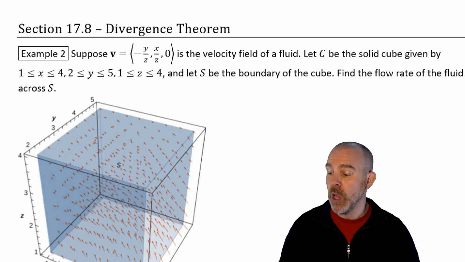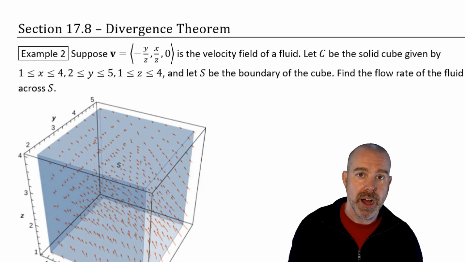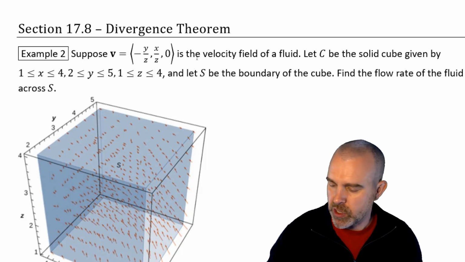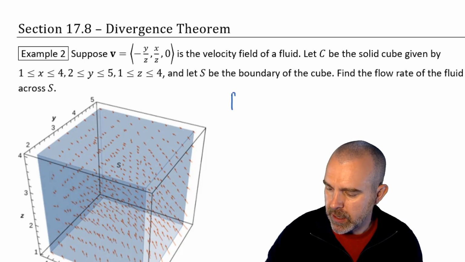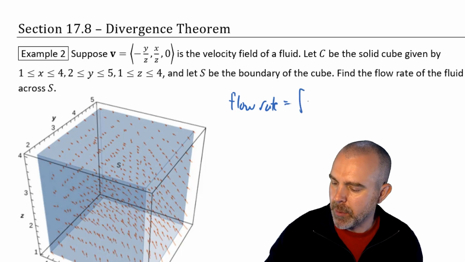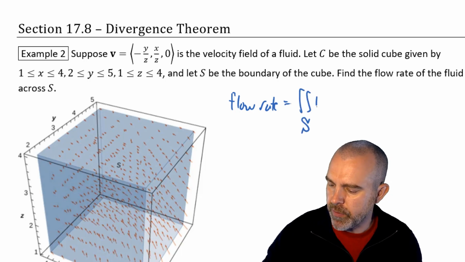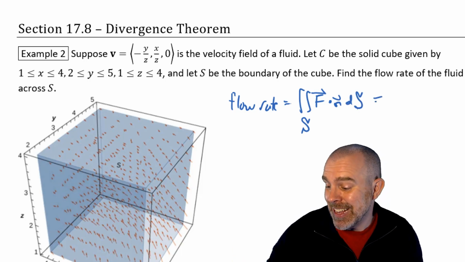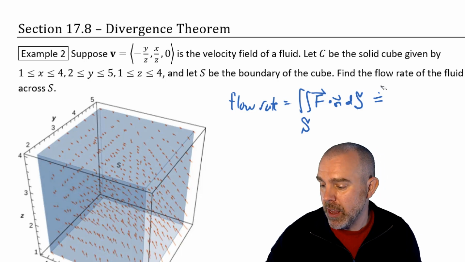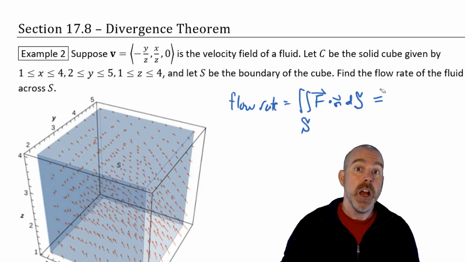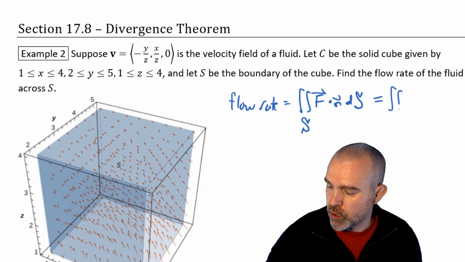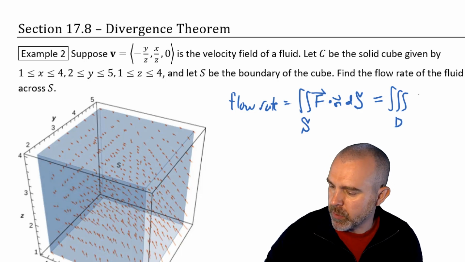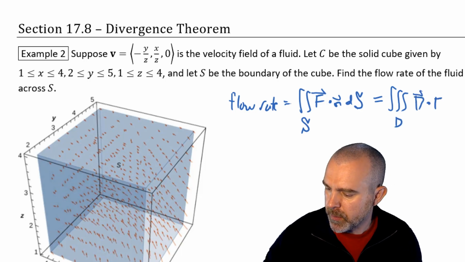We're going to find the flow rate of the fluid across S. So the flow rate is the flux, the double integral across the surface of F dot n dS. That's the flux. It's definitely equal, but maybe we should do the triple integral across the region of the divergence.